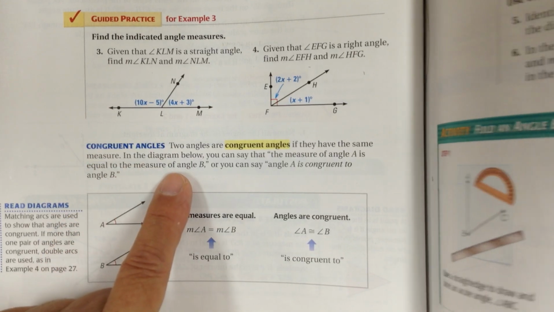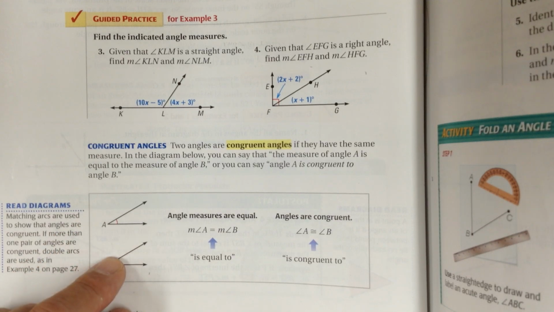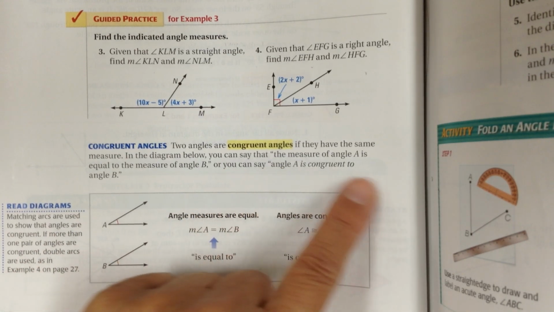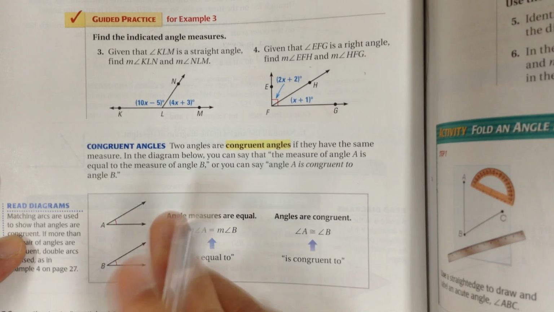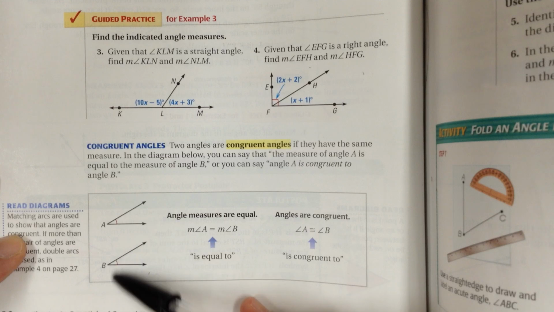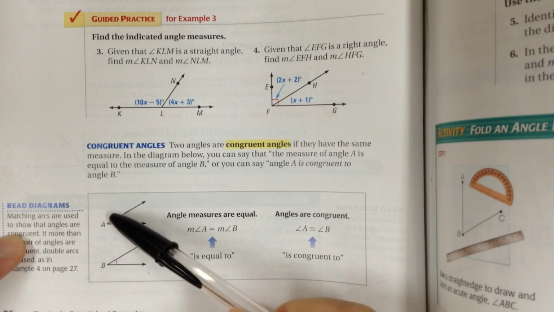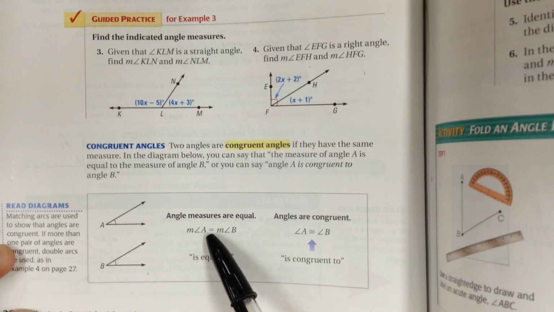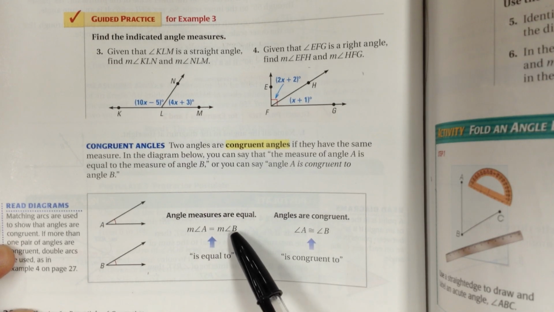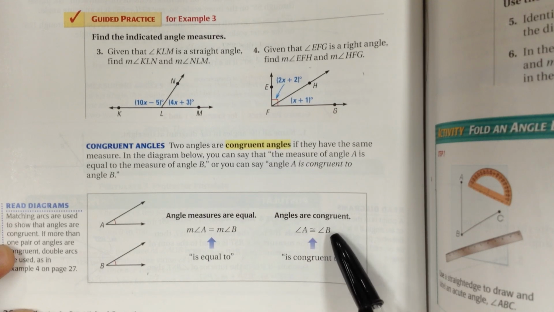So in the diagram below, you can say that the measure of angle A is equal to the measure of angle B, or you can say that angle A is congruent to angle B. When you see the same arc markings, that means they are congruent, they are the same. The same marking indicates the angles are the same. The way to read it is measure of angle A equals measure of angle B. And over here, angle A is congruent to angle B.